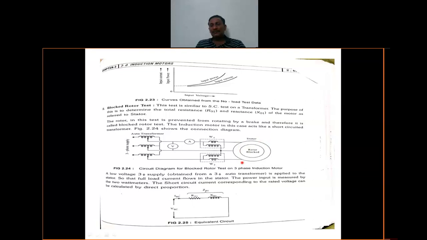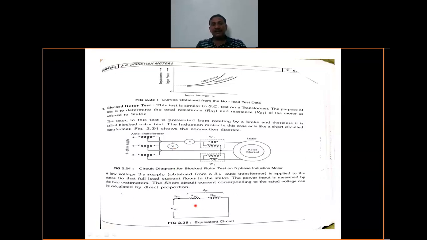So mechanical, that means friction and windage, losses are zero. And iron loss we can neglect because we are applying only a small voltage, up to rated current only. Iron losses will take place, but a small amount. So this is one more consideration.